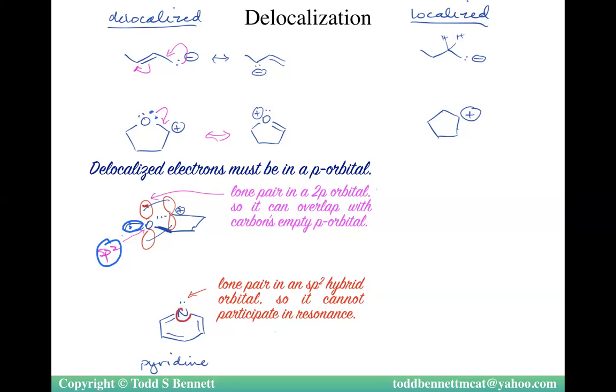It's worth your time to draw the p orbitals in the structures, so go all the way around. They can resonate. Electrons can move around that ring system, but this lone pair is going to be isolated. And notice another example of an even number. I gave you the odd number rule, not the best rule in the world. It is usually odd, but you do have systems that are even.